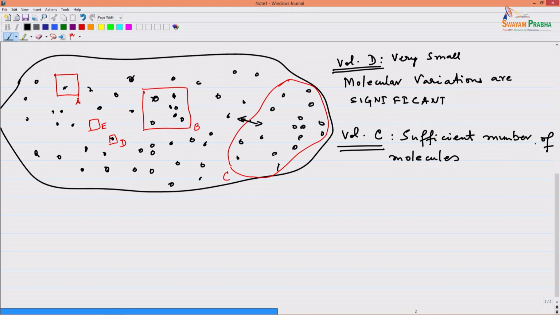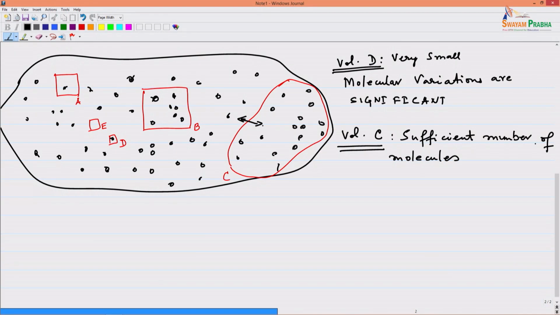So I am looking at a volume like C, where the number of molecules is more or less constant over a period of time. Please note that when I say the number of molecules is constant, molecules are constantly moving across this boundary. This boundary is not physical. It's our concept of how we define physical properties for a given fluid.